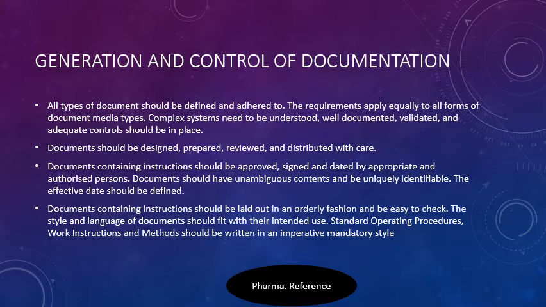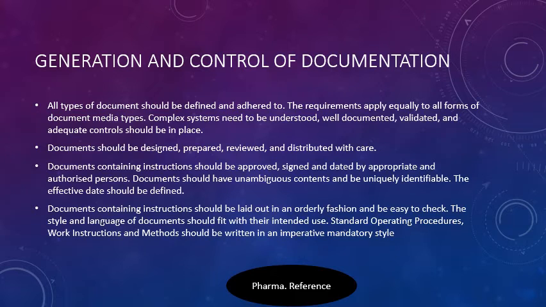Documents should be designed, prepared, reviewed, and distributed with care. Documents containing instructions should be approved, signed, and dated by appropriate and authorized persons. Documents should have unambiguous content and be uniquely identifiable.